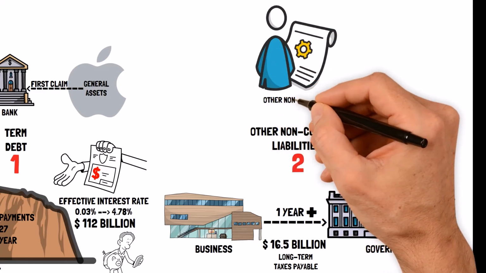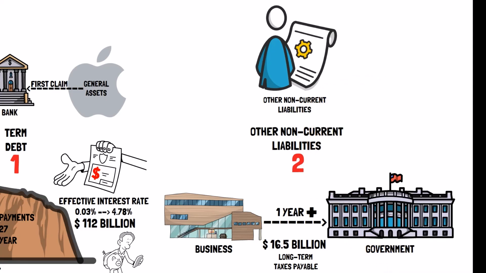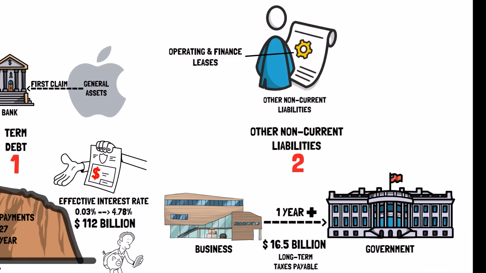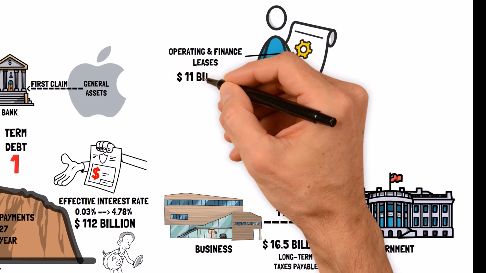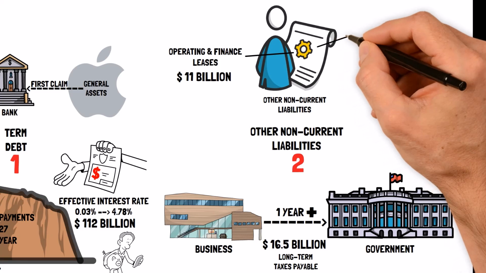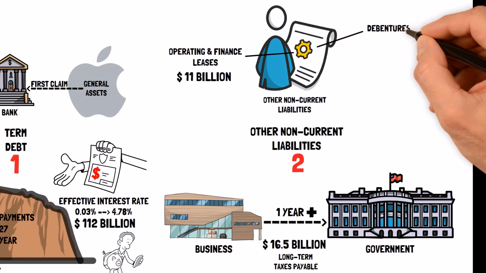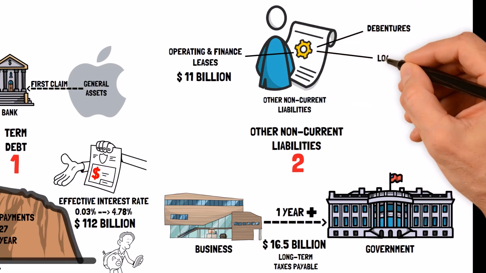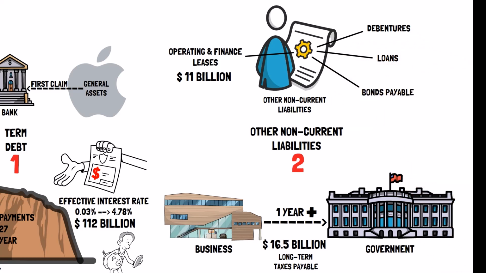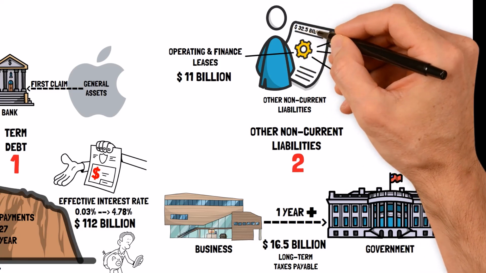Additionally, the other non-current liabilities are, for example, operating and finance leases amounting to $11 billion. Moreover, some examples are debentures, a debt instrument, loans, and bonds payable, with a total amount of $32.5 billion.